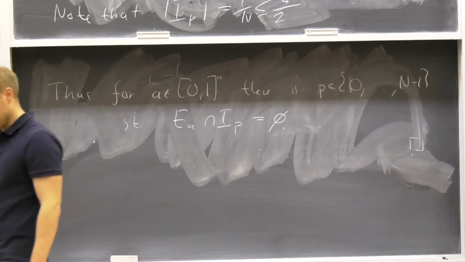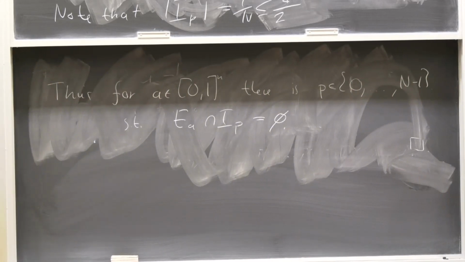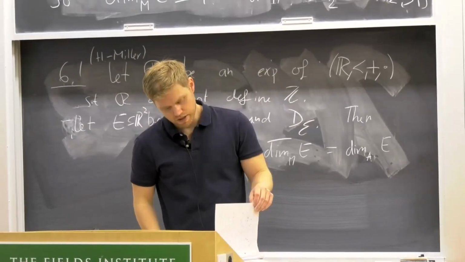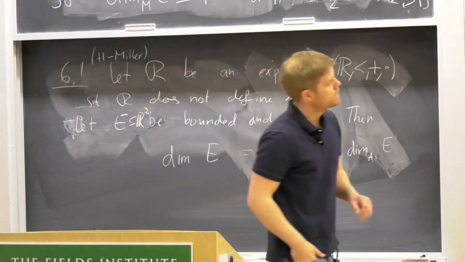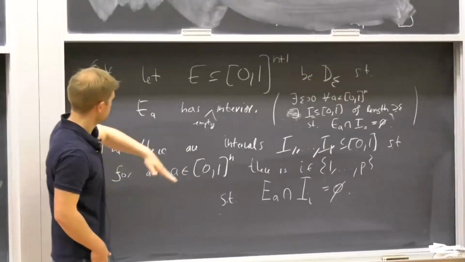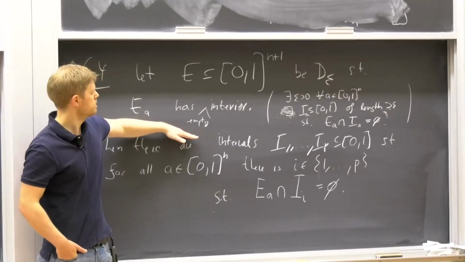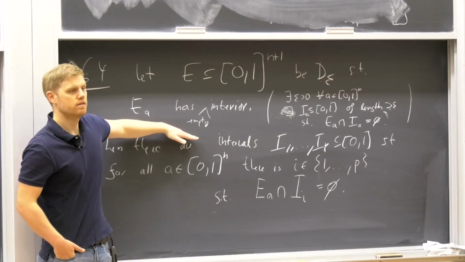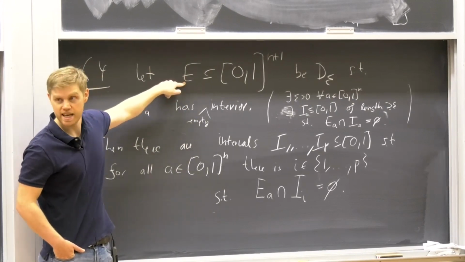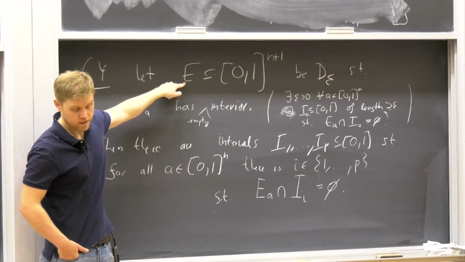So what I do next time, I think this is a place I wanted to stop, is I will now prove that under the same assumptions that I have here, if you have a family like this, we know that each individual A is Minkowski null.